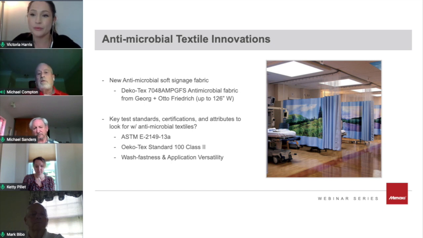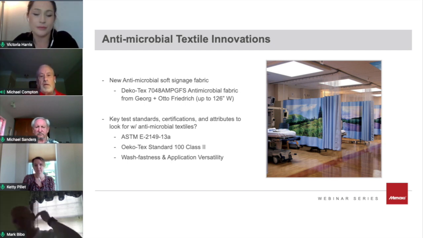And like I mentioned, it's got excellent wash fastness where you're not going to wash out the antimicrobial finish. And 7048 in itself is a worldwide best-selling fabric for us and for G&O. So with this type of fabric, you're not going to have to do anything different when you go to dye sub, print it, or print it with direct disperse inks. Same profiles, same great optic white color, so you're going to get the same brilliance that you normally would.